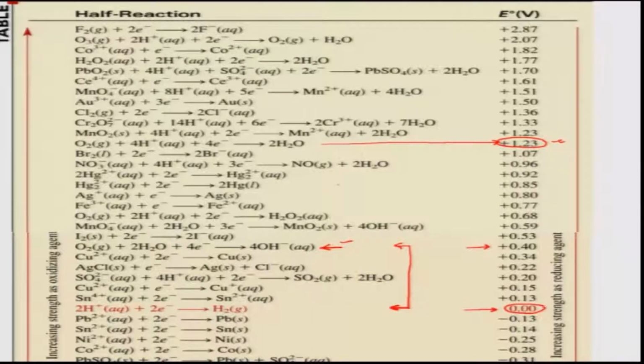Let me note it down here itself. If we see Fe2+ plus 2e equal to Fe, the standard reduction potential is -0.44 volt. So, it is lying below hydrogen.